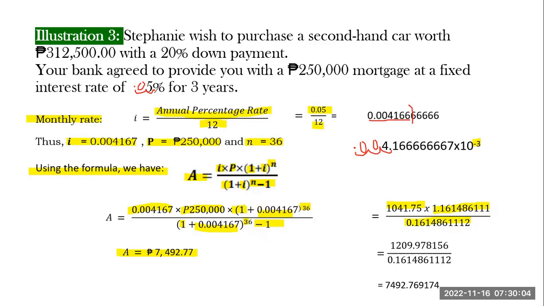Kung napansin nyo, parehas yung nasa loob nitong parenthesis sa numerator at sa denominator. It's just that sa denominator, magma-minus tayo ng 1.